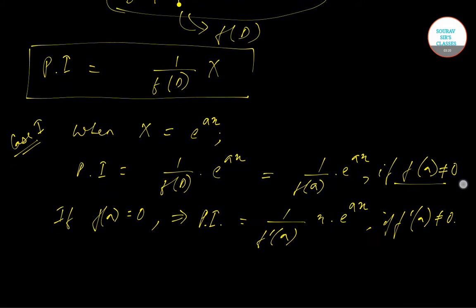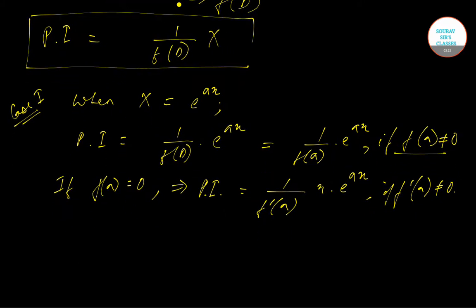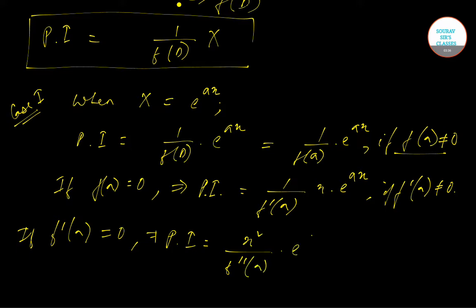So this is if f(a) is equal to 0 and f'(a) is not equal to 0. Now if f'(a) is also equal to 0, then the particular integral will be of the format x^2 by f''(a) into e^(ax), provided f''(a) is not equal to 0. So this is the second case in entirety.